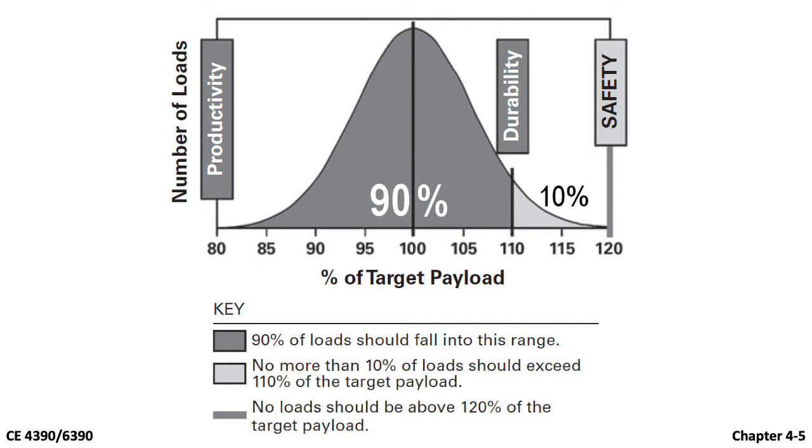Also, to avoid consistent overloading, which is not good for your tires, the number of times that the truck is overloaded above 110% of the capacity must be less than 10%.